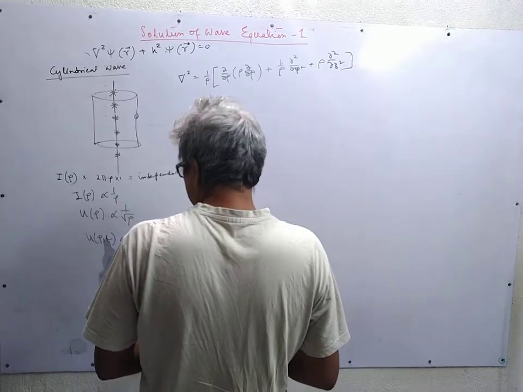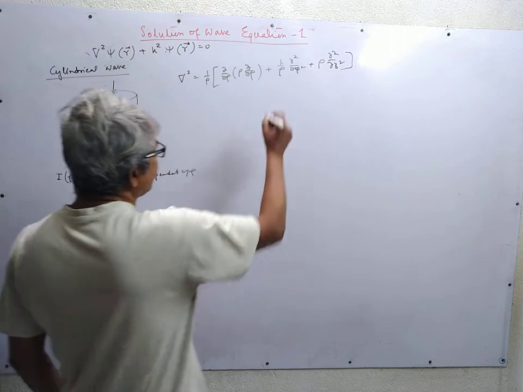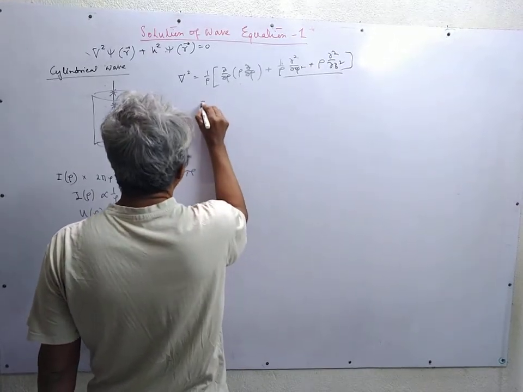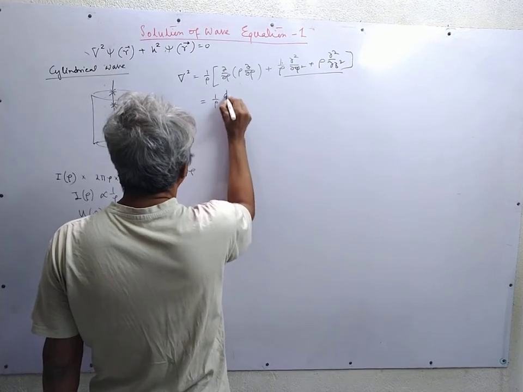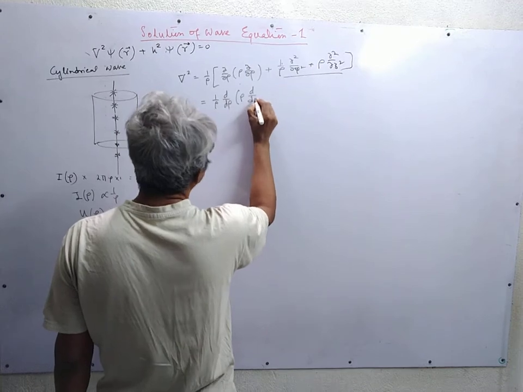But for a cylindrical wave, it doesn't have phi and z dependence, so only this part is there, and this becomes 1 by rho d d rho of rho d d rho.